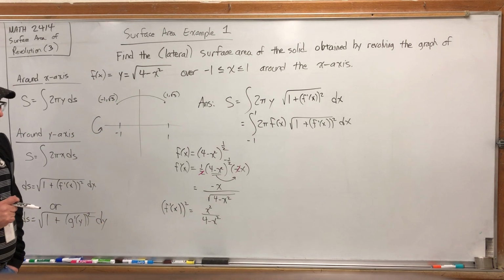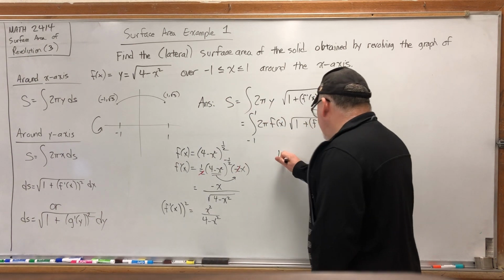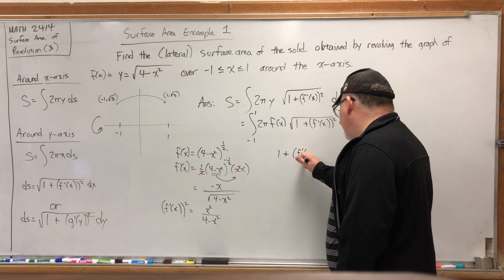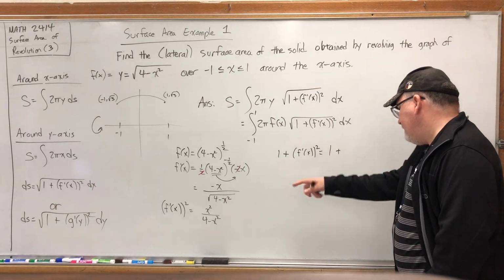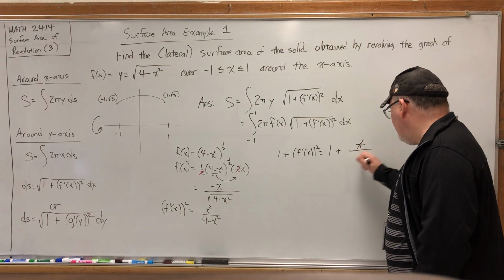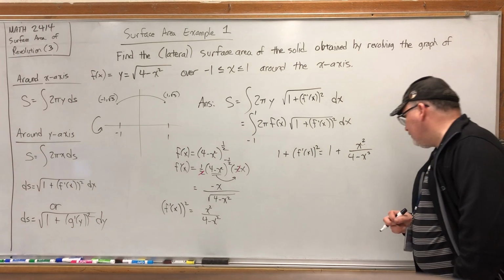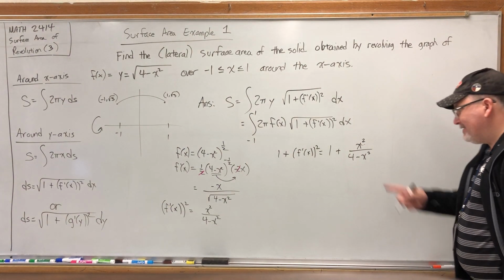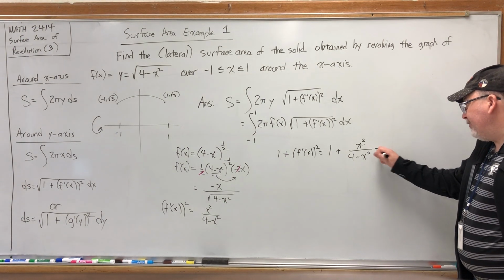Okay, but now I have to add 1 to that. Let's move that over here. 1 plus the square of the derivative is going to be 1 plus that guy. Oh look, I'm adding fractions. I should probably get a common denominator, which isn't as bad as it seems. It's a 1. I can turn it into anything I want by putting something on top of itself.